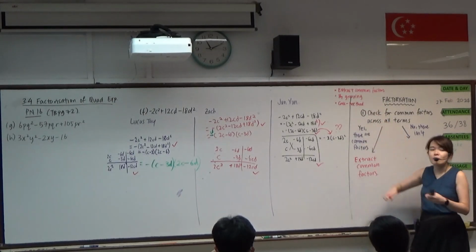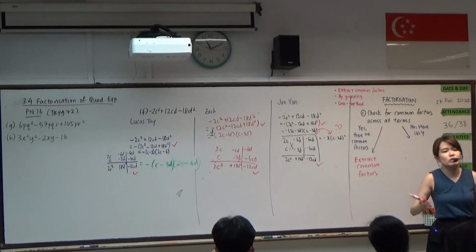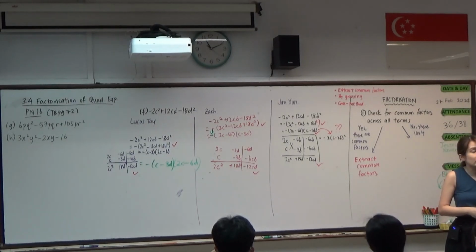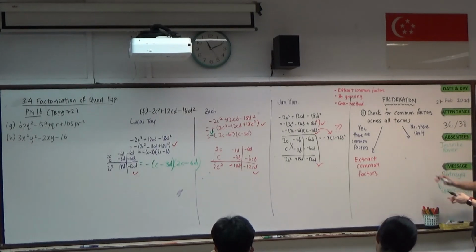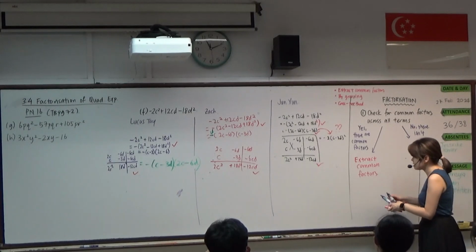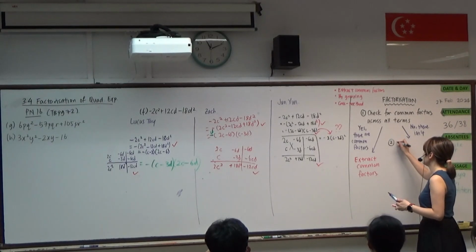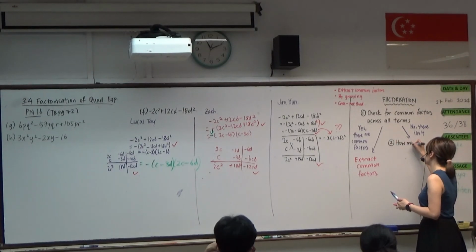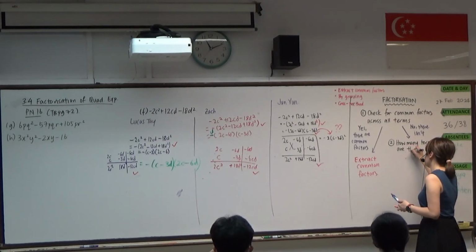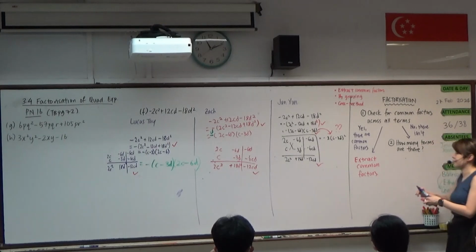Okay, by grouping, what kind of expression do we usually see? There must be how many terms? 4 terms, right? So we can check, okay, if there isn't any common factors already, we check whether there is how many terms. So we ask ourselves this, how many terms are there?